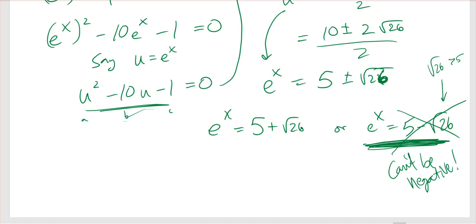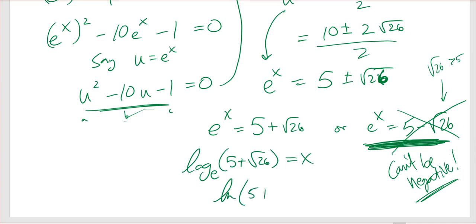And one of the options is that it's negative, so we just discard that one. And now we can rewrite this guy immediately with logarithms. We can say the power that I raise e to, if I want to get 5 plus square root 26, that's got to be our x. So natural log of 5 plus square root 26 is x.